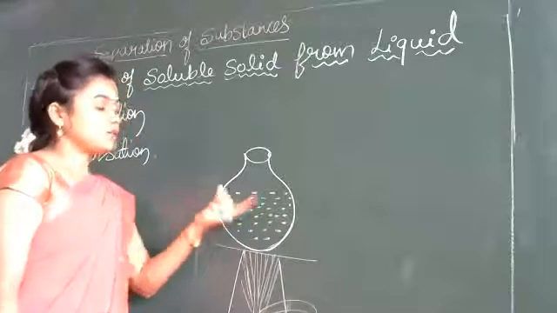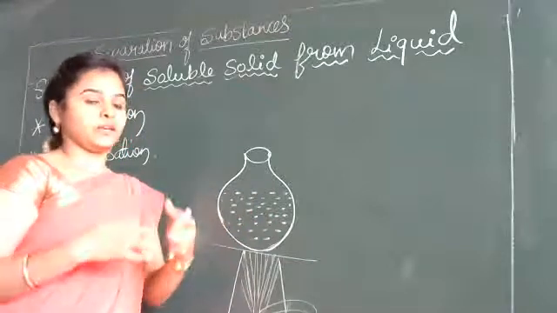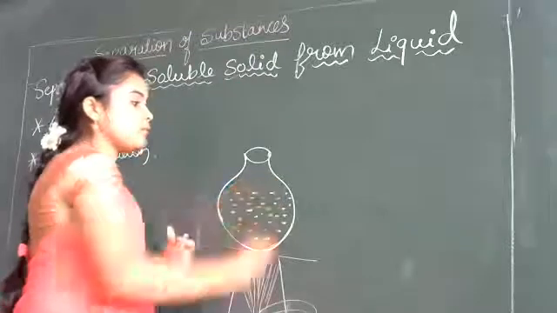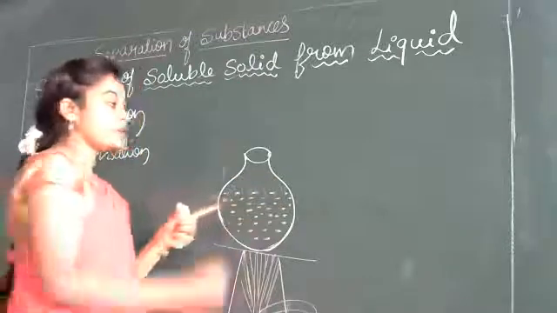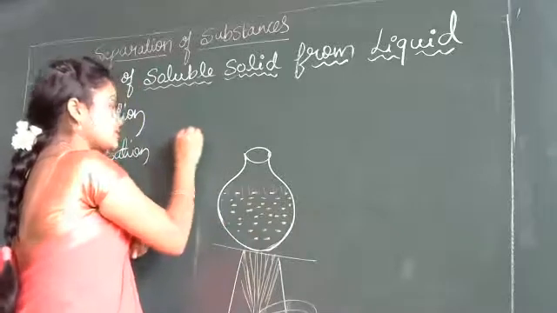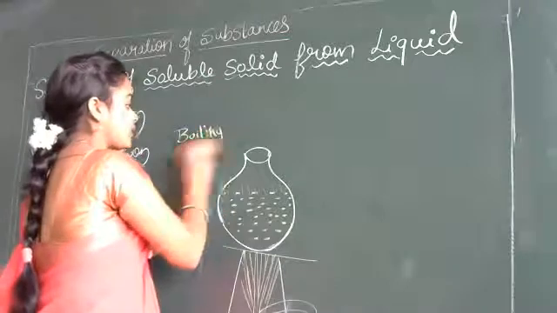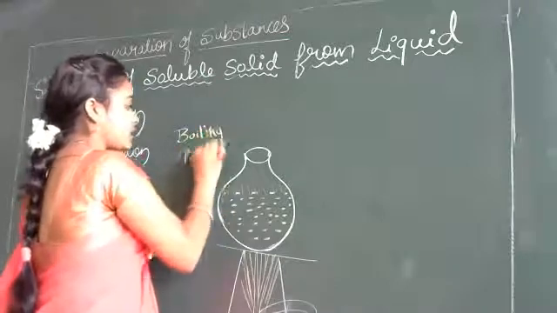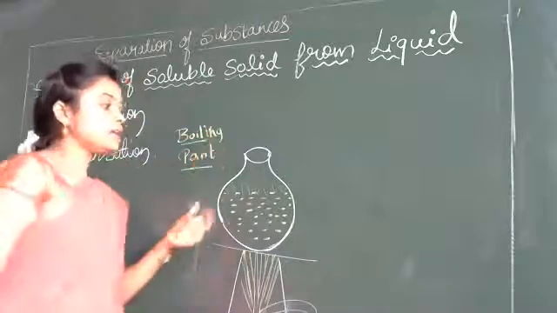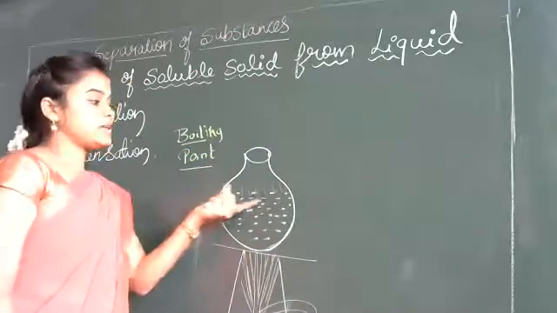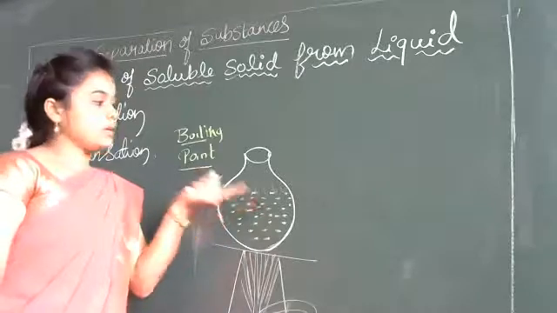Now this water will start boiling when it reaches its boiling point. This boiling point and melting point we are going to study in higher classes. But remember, when water reaches its boiling point, it starts boiling.